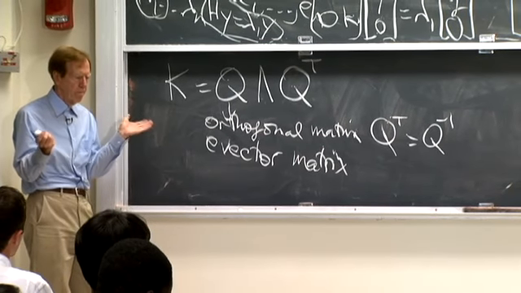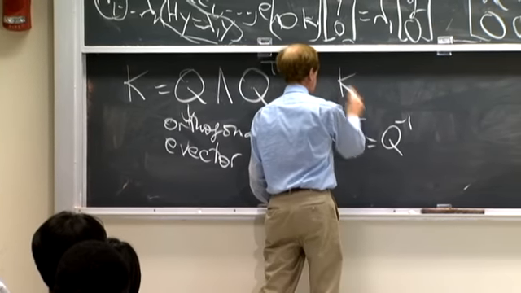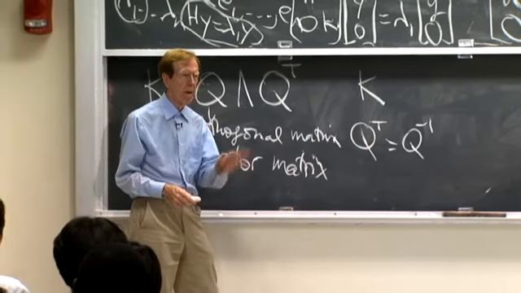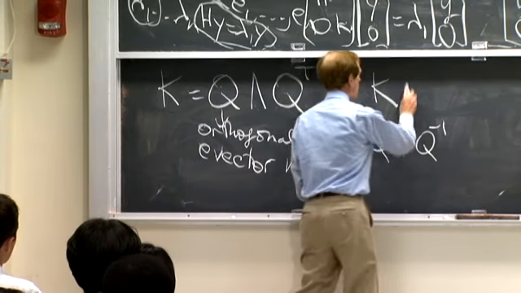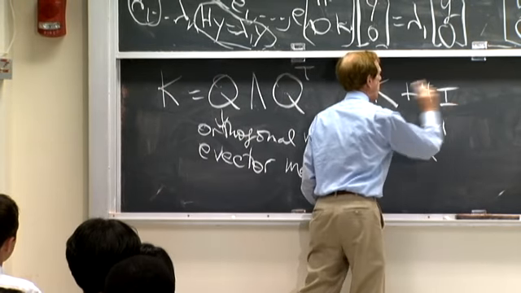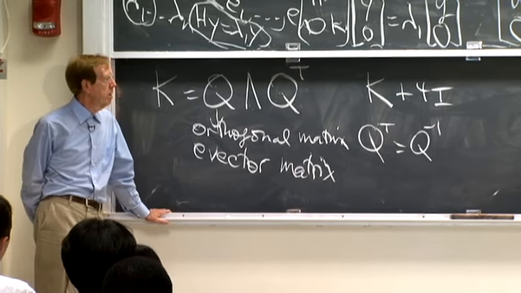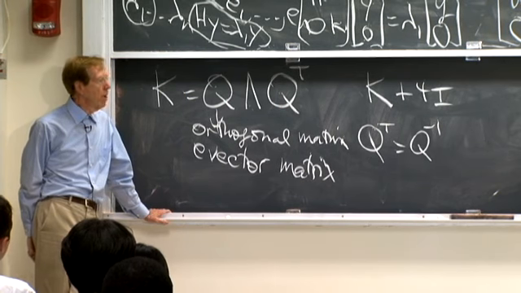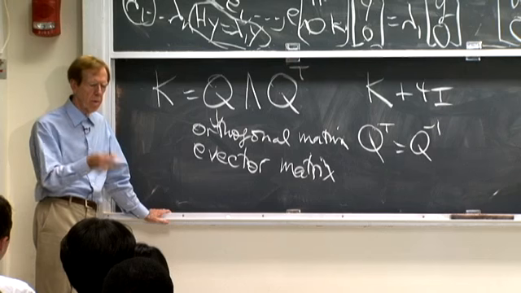Oh, here's a little point about eigenvalues. Suppose I have my matrix K, and it's got some eigenvalues. Now let me add 4 times the identity to it. What are the eigenvalues now? What are the eigenvectors now?